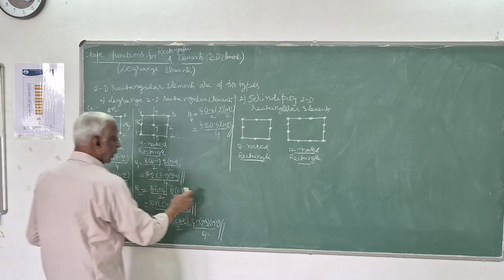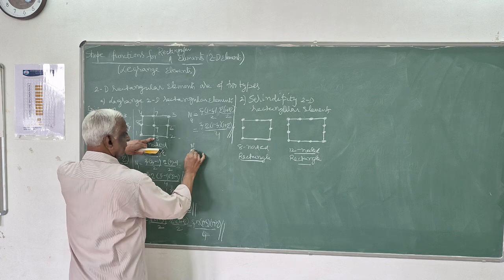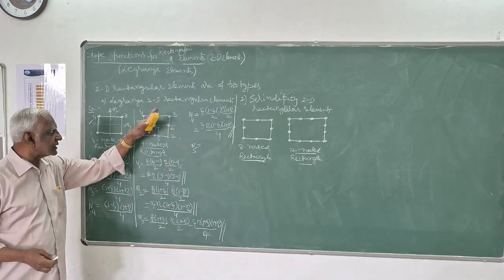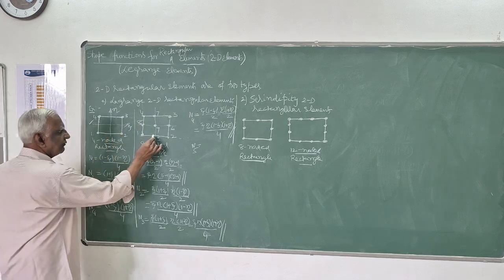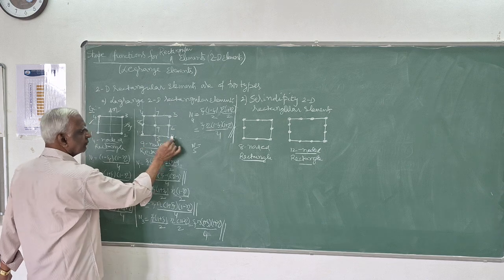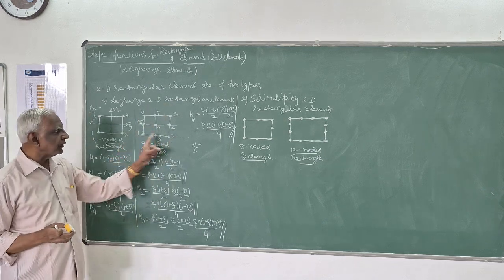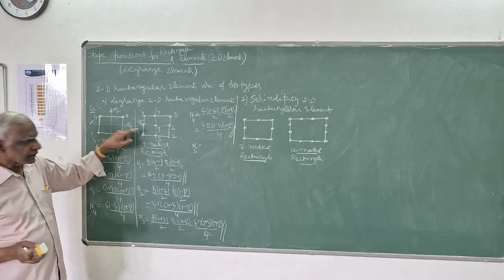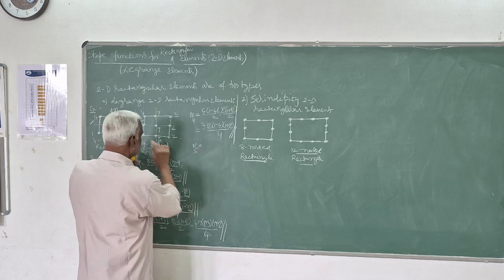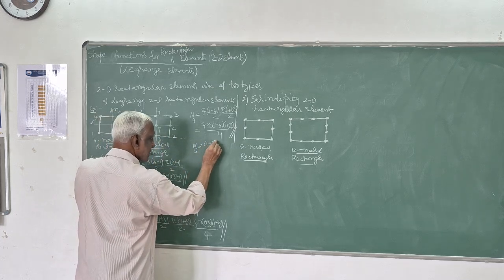Then the middle nodes, N5, N6, N7, N8. N5, the fifth node, is common for side 1, 2 as well as side 5, 7. For side 1, 2 it is the middle node along the psi direction. So for the middle node of a 3 node element, the shape function is 1 minus psi square.